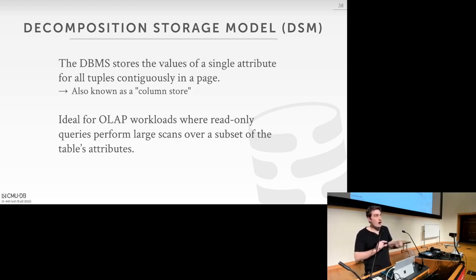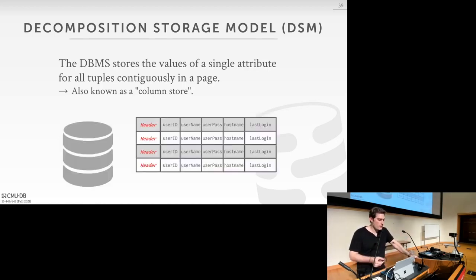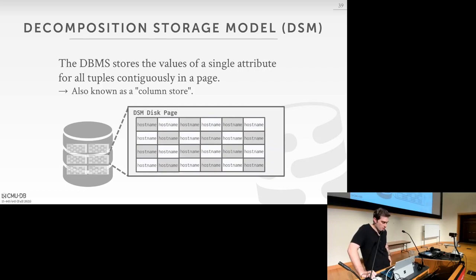So if you now have all of the values for a particular column stored in one page, you only need to read that page. You don't have to worry about the other useless columns that don't get used in the query. Again, as an example, what we're going to do is store each of these attributes individually in a page. So let's say the host name page: we're going to store the host names for all of the tuples together in one page.